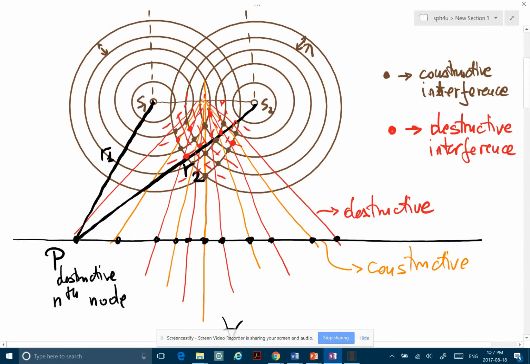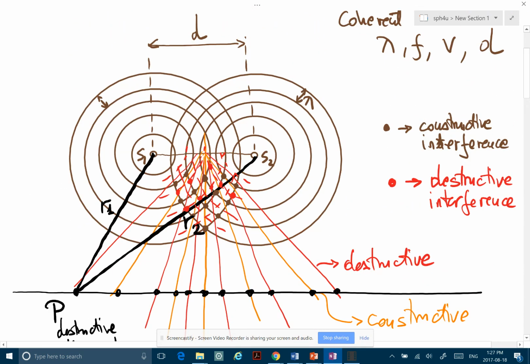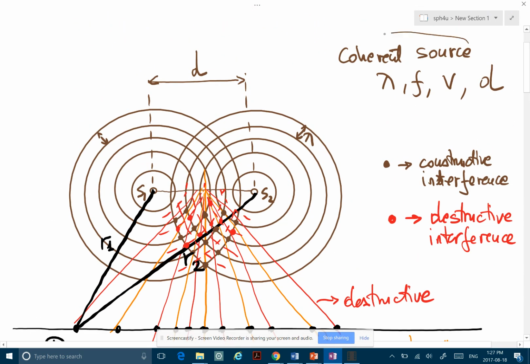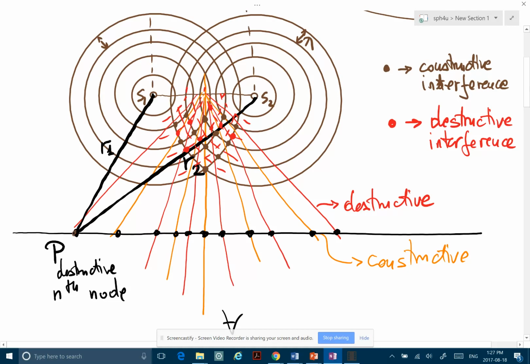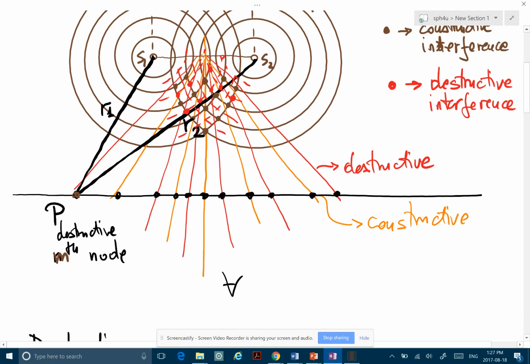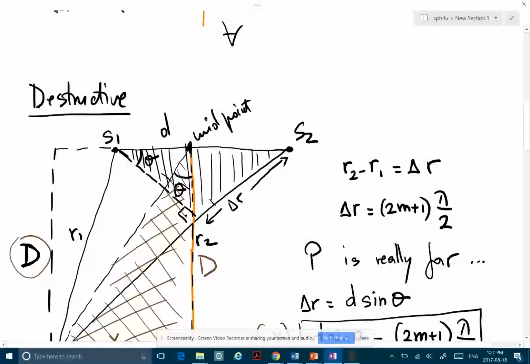First we showed what would happen in general if we have two sources. We talked about coherent sources. The two sources are at distance d. Then we said, let's find the conditions to have destructive interference of the mth node at the point P somewhere on a screen, that black line. And we went through all the math.